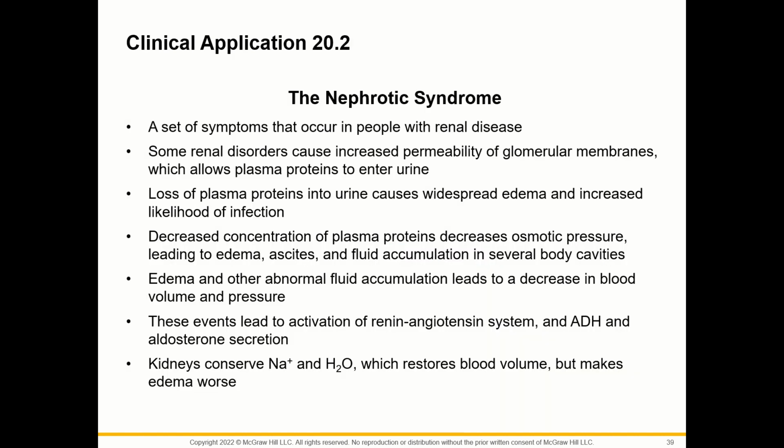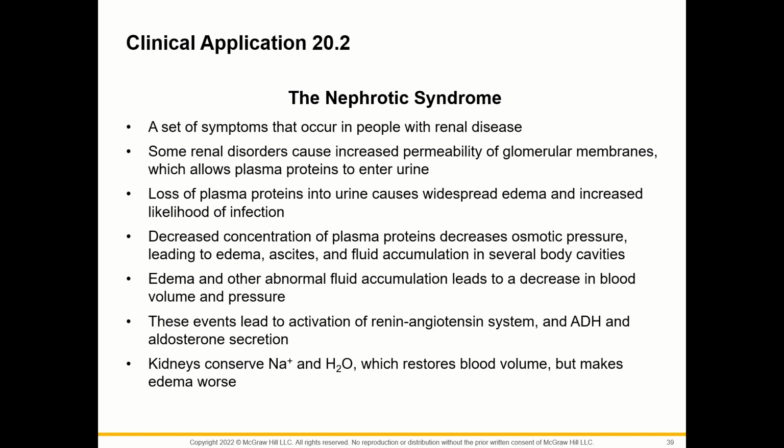Nephrotic syndrome is a set of symptoms that occur in people with renal disease. Some renal disorders cause increased permeability of glomerular membranes, which allows plasma proteins to enter the urine. The loss of plasma proteins into the urine causes widespread edema and an increased likelihood of infection.